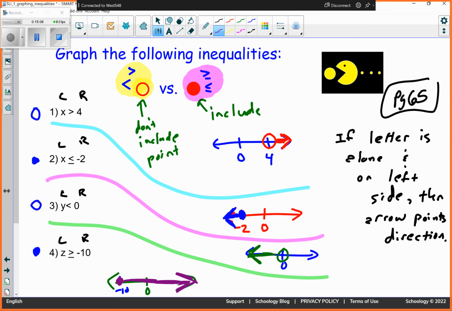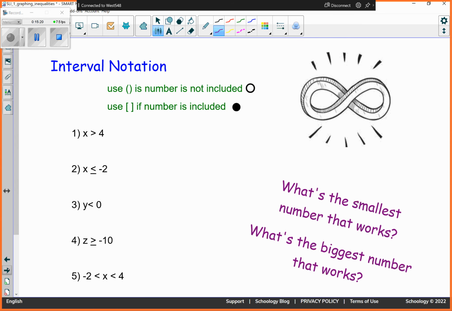Left goes with what? Less than. Less than starts with L. Left starts with L. Kind of a good little mnemonic to remember that by. So we're going to introduce something called interval notation. Okay, this is not a number line. This is a representation of what our data is doing.